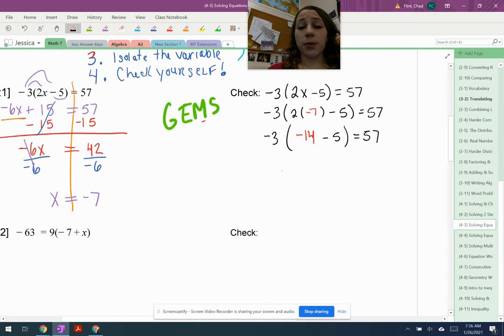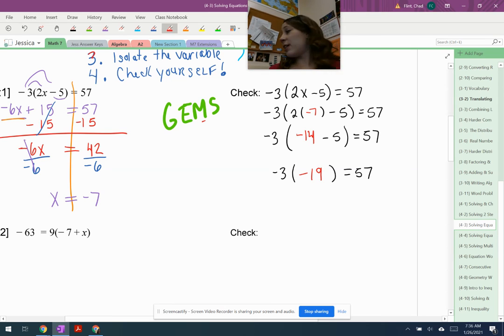Still working inside those parentheses. -14 minus 5 more is going to be a -19. And then -3 times -19, I don't really want to do that in my head. -3 times -19 is a positive 57.